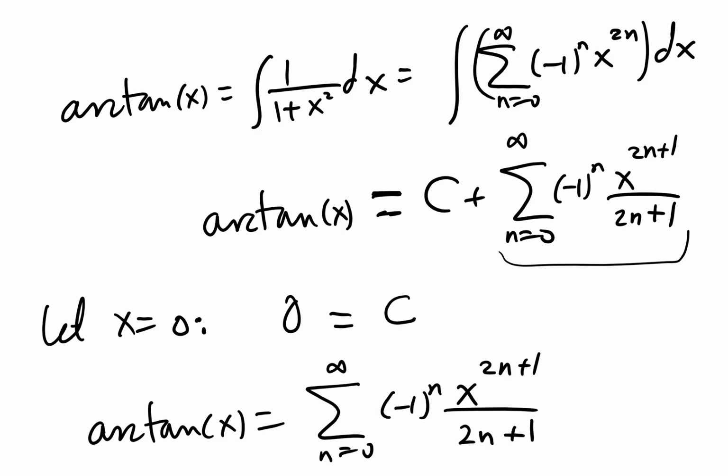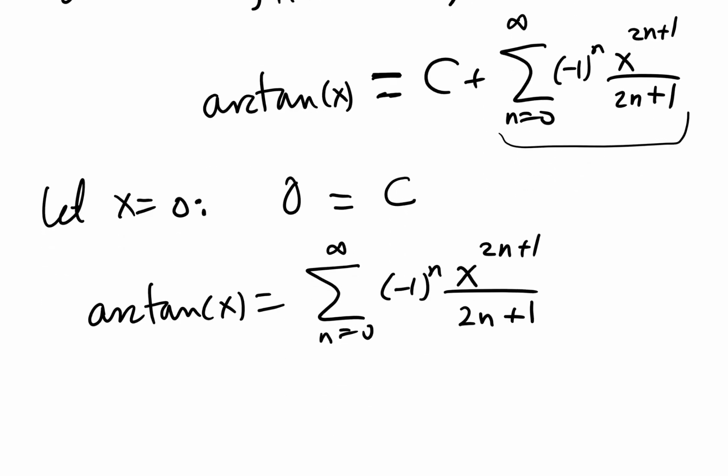If you like, substitute n equals 0, 1, 2, 3 to see how that's going to look. Then arctan of x would be, if you plug in 0 for n, just x. If you plug in 1 for n, that gives us negative x cubed over 3.